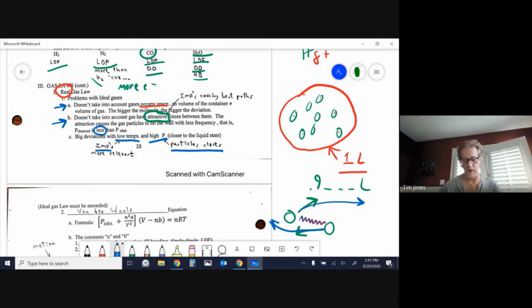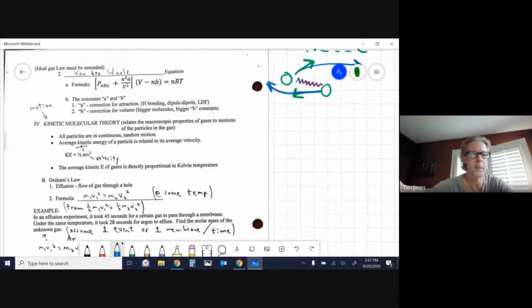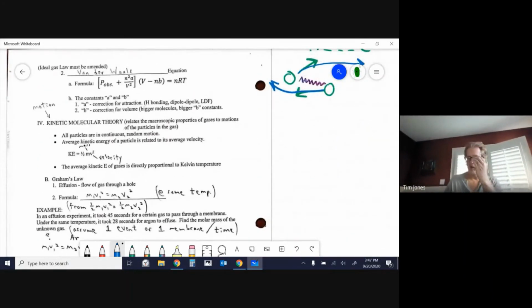So if we want to do it right, we have to fix the ideal gas law. And that's done with what's called the real gas law or the van der Waals equation. So notice this equation is PV equals nRT.